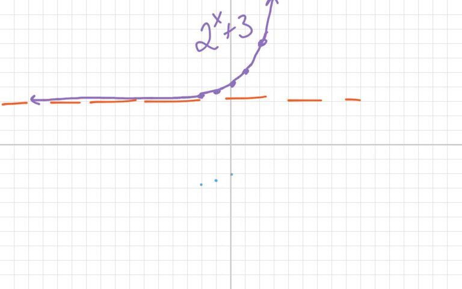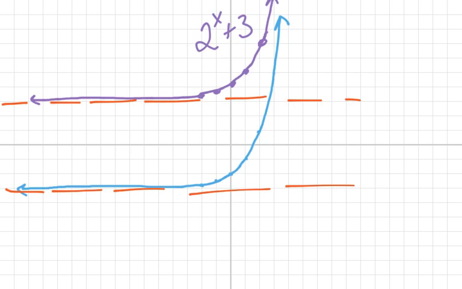Then negative 2, negative 1, 1, and 5. All right. There we go. And as we go to the left, this gets really close to negative 3. So negative 3 is your new horizontal asymptote for this one. And this was 2 to the x minus 3.